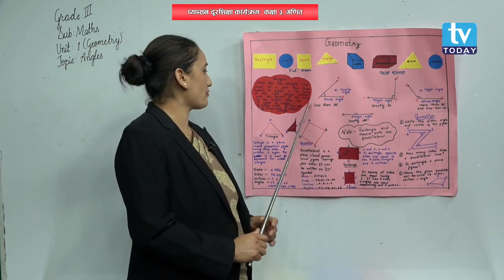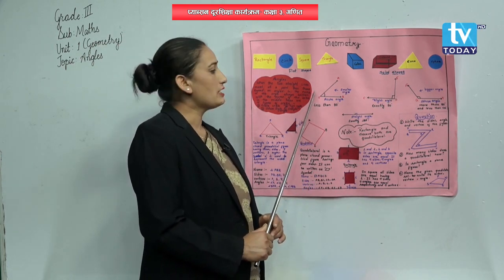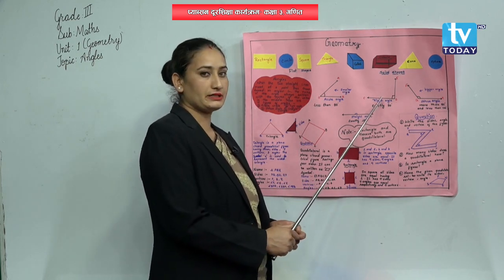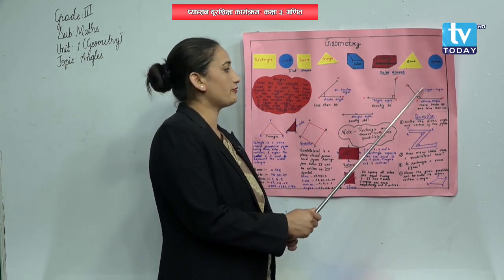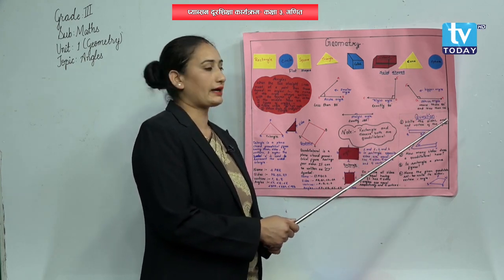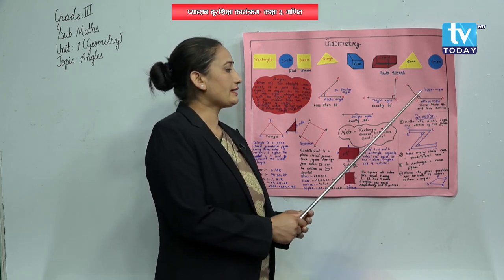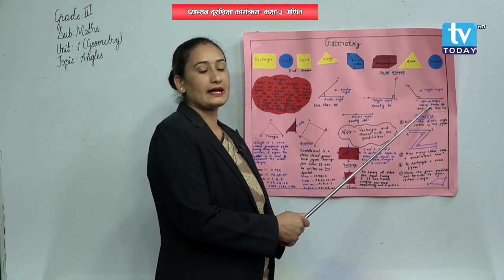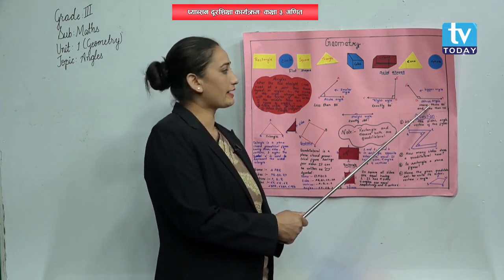Okay, the first one, acute angle, is completed, and the second one, the right angle, is completed. Now it's time for the third, the bigger angle. Here it is more than 90 degrees and less than 180 degrees. Have you understood? The bigger angle we call an obtuse angle. What do we call it? Obtuse. Very good. Another name is bigger angle, which we learned in grade 2.